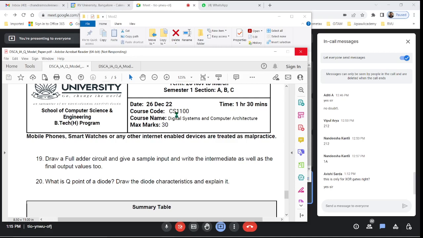You know that a full adder takes three inputs and gives two outputs, and the intermediate values are what is going into P and Q and what comes into R. I hope the question is clear and what is expected of you is clear.